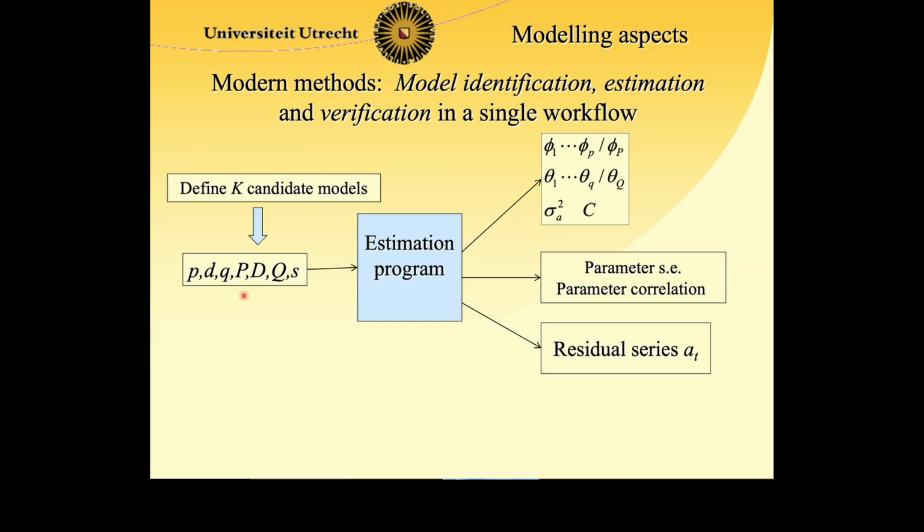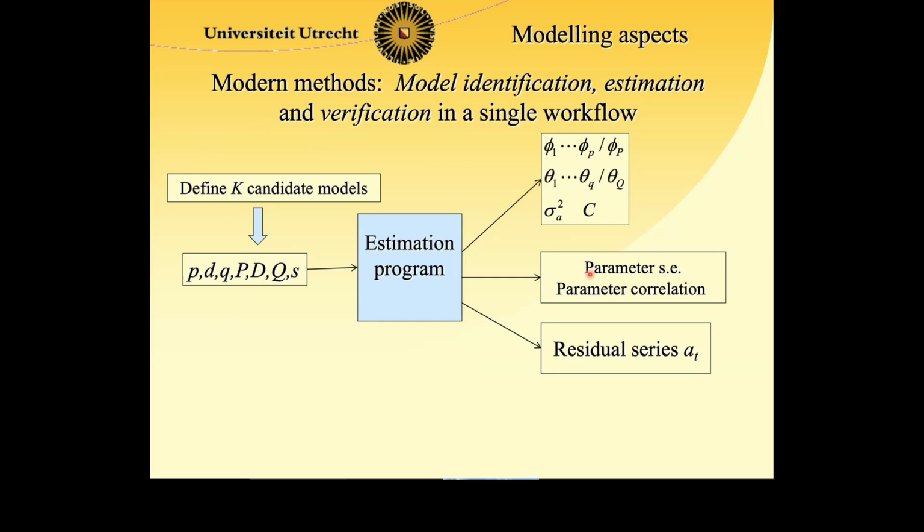We can include not only normal differencing, but also seasonal differencing to get the seasonality out in one go. But anyway, you take any set of different candidate models and use an estimation program to get all your parameters. You look at the parameter standard errors and also the parameter correlation.